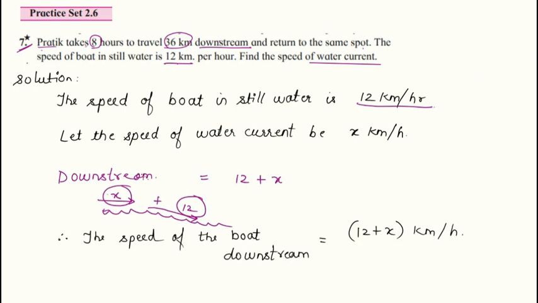Therefore, the speed of the boat downstream is equal to 12 plus x kilometer per hour.